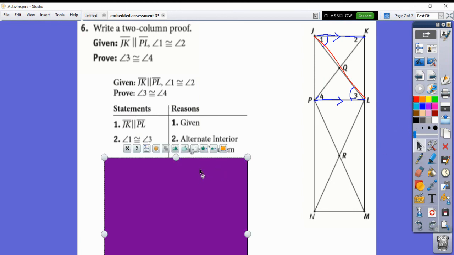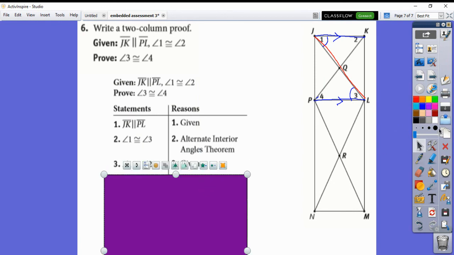So we're going to bring in our other piece of given information. That is that angle 1 is congruent to angle 2. Now, as soon as we have this picture set up like this, it's pretty obvious that all three of these angles are congruent to each other, right?